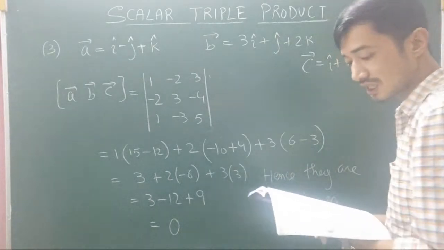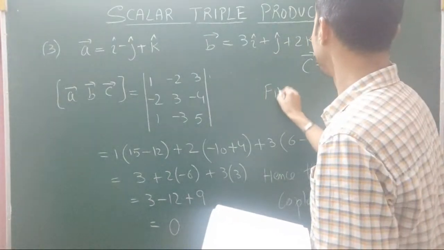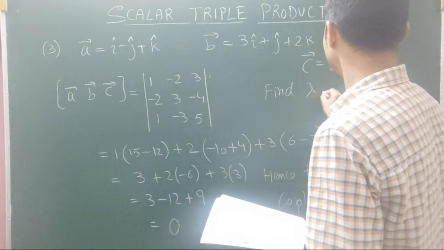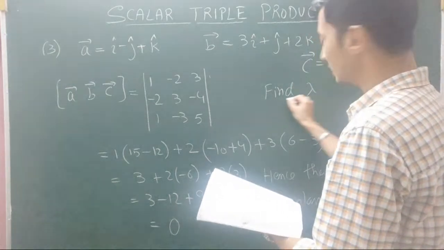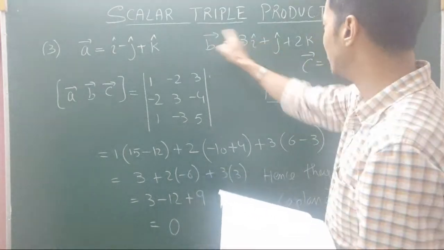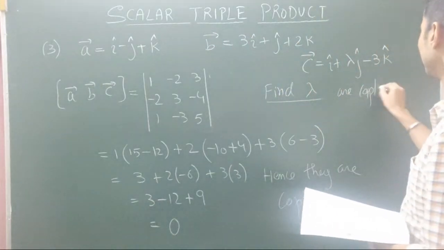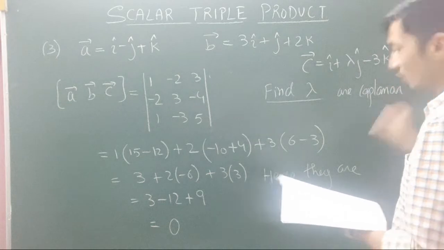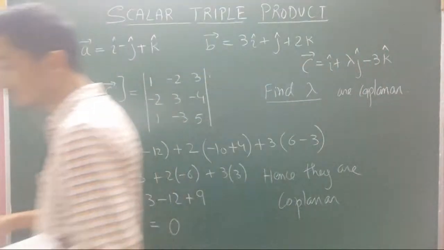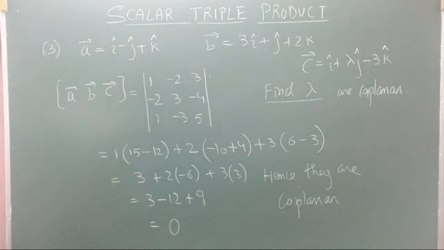The question is, find lambda if the three given vectors are coplanar.